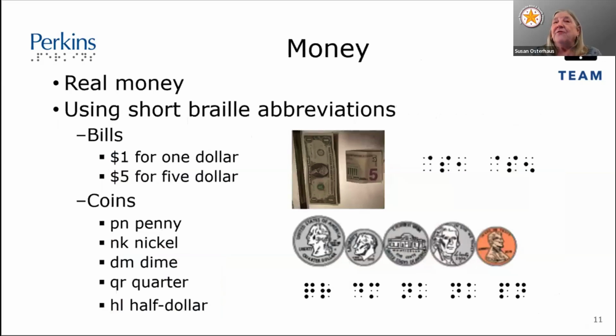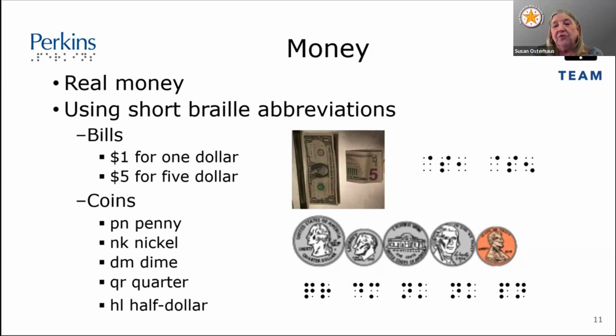Now, money. If you're asking people to identify money, you are going to want to use the real money. You do not want to use anything but the real money, nothing plasticized, etc. But if you are actually having a tactile graphic where the students have to figure out how much money they have, and this might be on an assessment that you either make up or that is a standardized assessment or in a textbook, they are going to use Braille abbreviations.